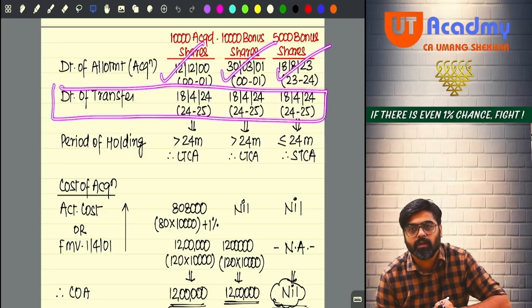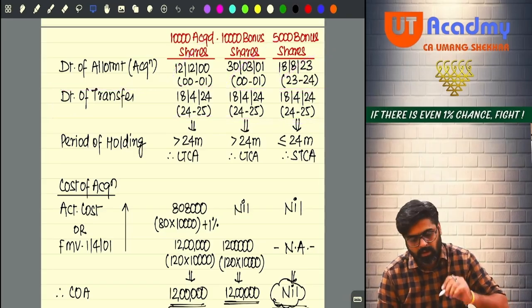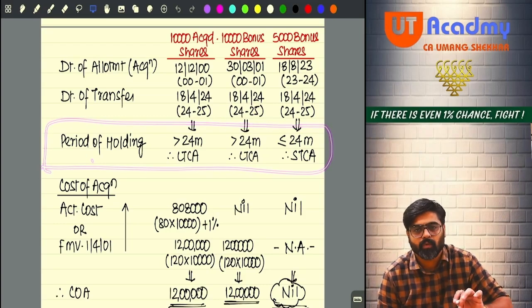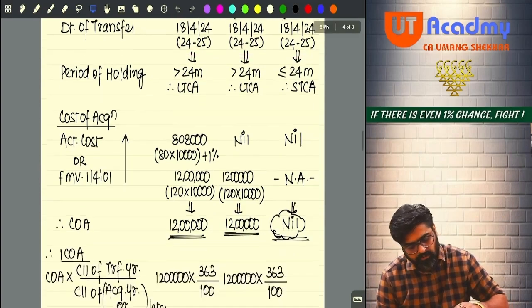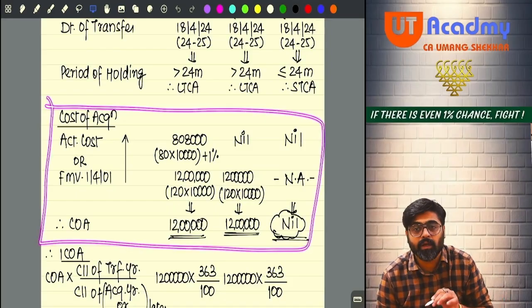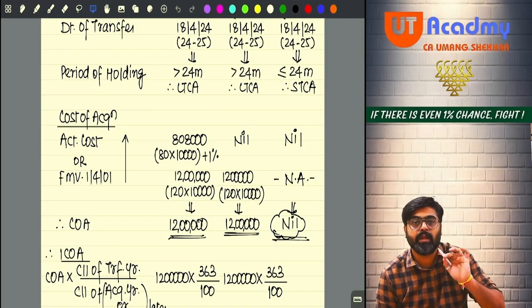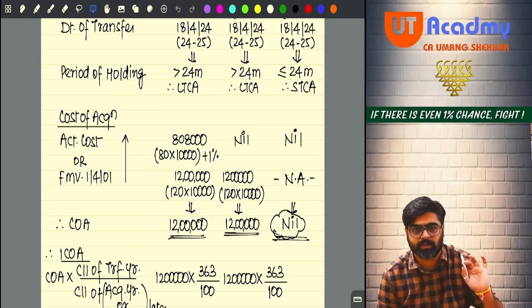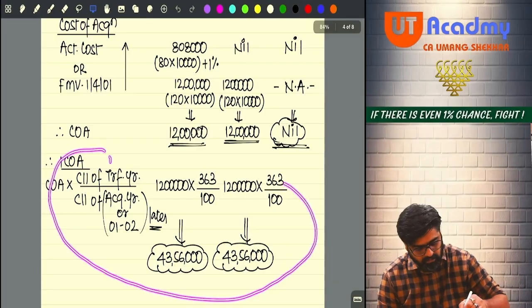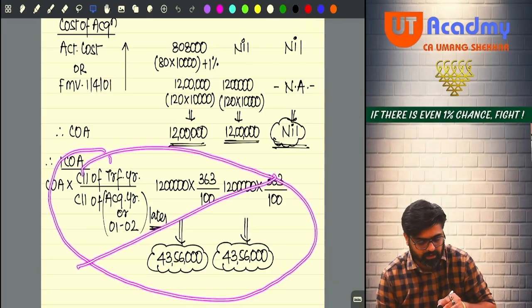Yes or no, sir? You will change this only. Period of holding will remain same. No need to change. Cost of acquisition calculation will remain same. Till here everything will remain same. Only the date of transfer you are going to change. Yes or no? And don't write this. No need to do any indexation. That's it.